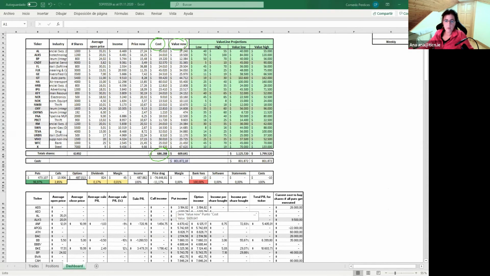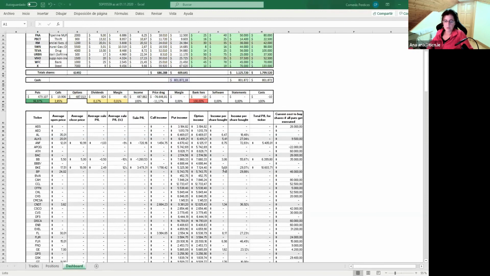The value now is a picture of how much the shares are as of the picture taken today. The value low here, the total is, according to Value Line, these shares that we bought, this number of shares, how much are they going to be worth in between 3 and 5 years? Somewhere between this value, the value low, and the value high. That's where this is coming from.